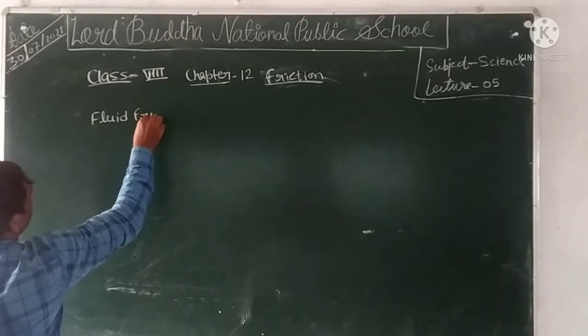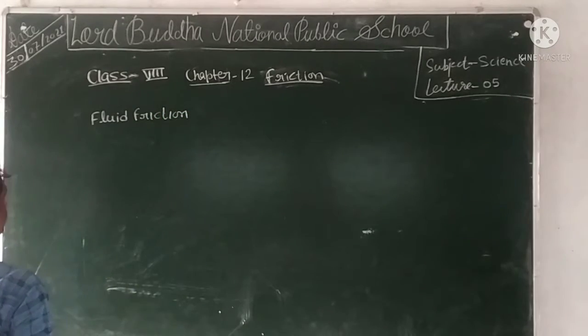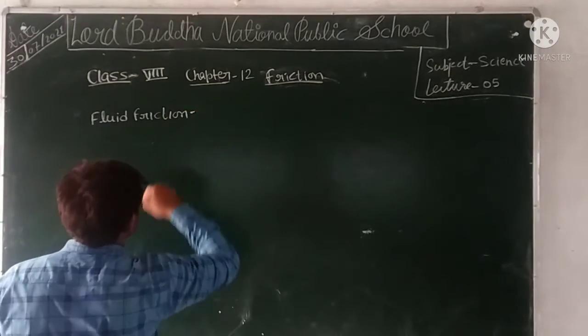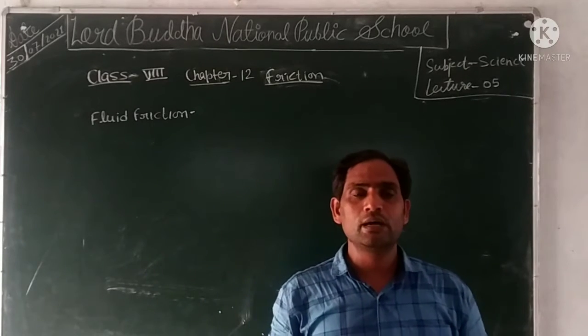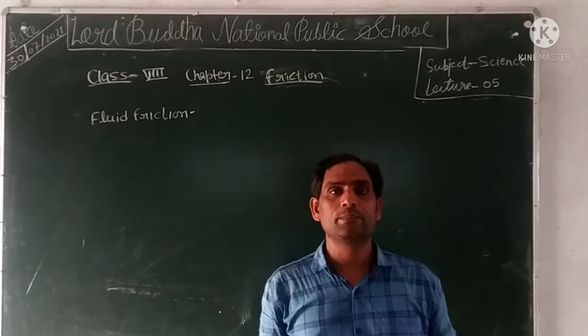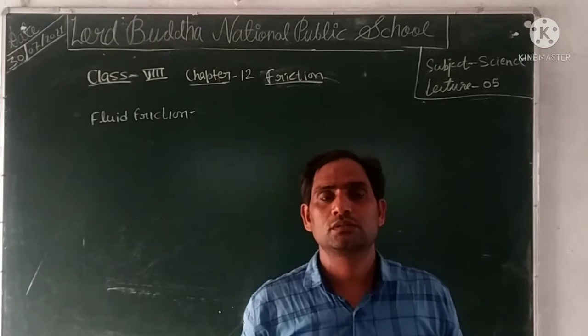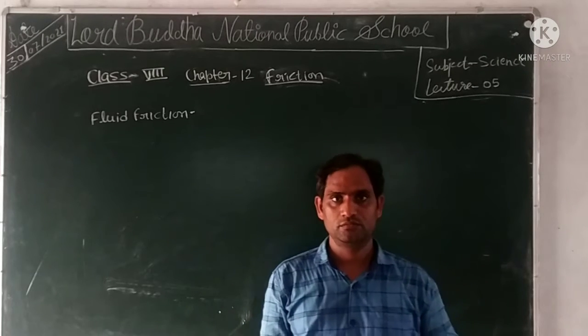Fluid friction. Okay? What is fluid friction? When any object moves through air or water, then it applies a resisting force, and that resisting force is known as fluid friction.